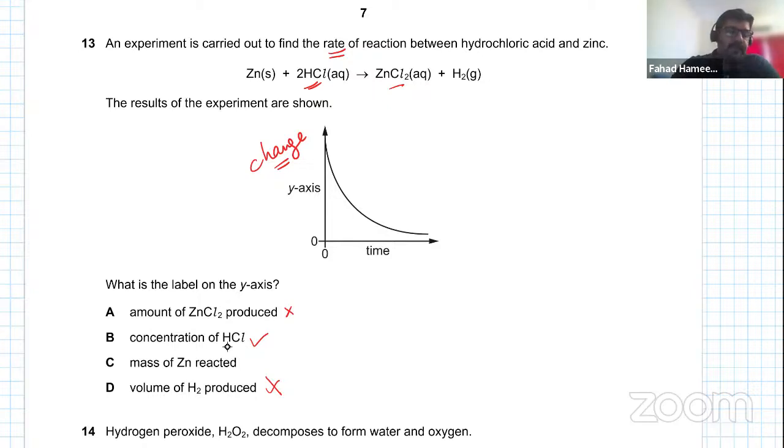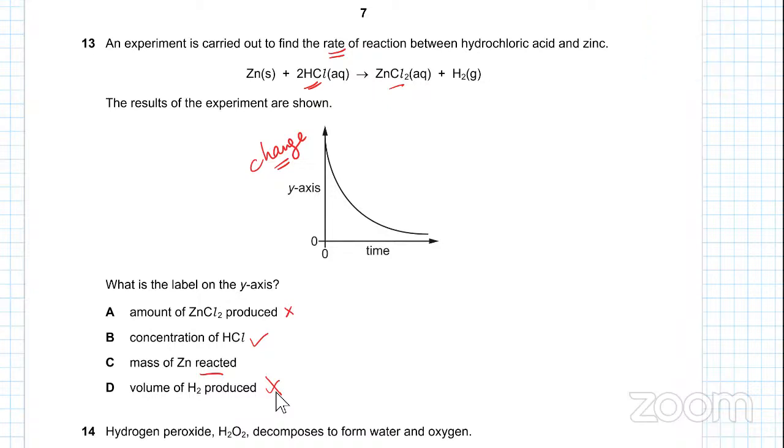What will happen to the mass of zinc? It will decrease. But there's some word play here: he's not talking about the mass of zinc, he's talking about the mass of zinc that reacts. So what will happen to the mass of zinc that reacts? That will increase. Do you get the point?